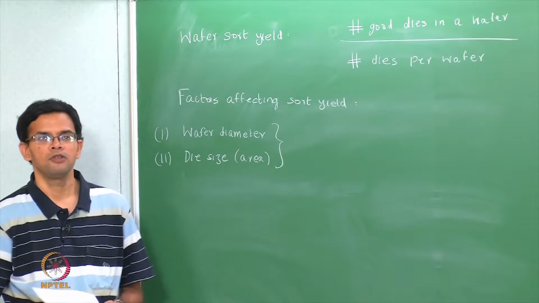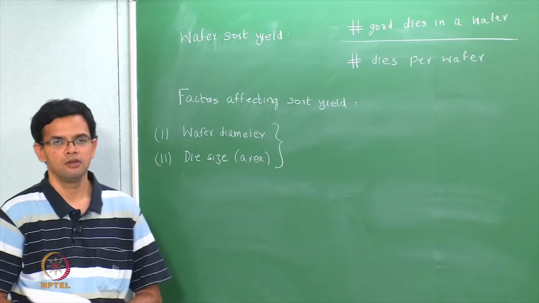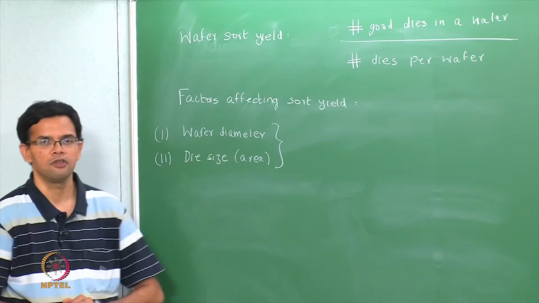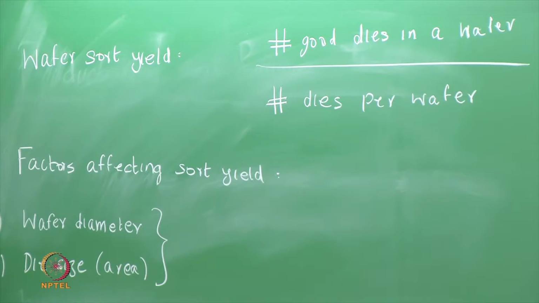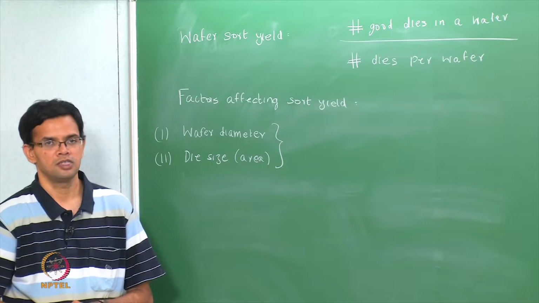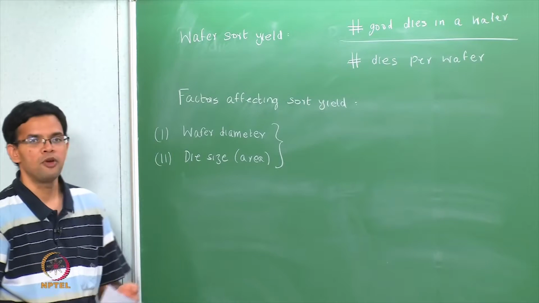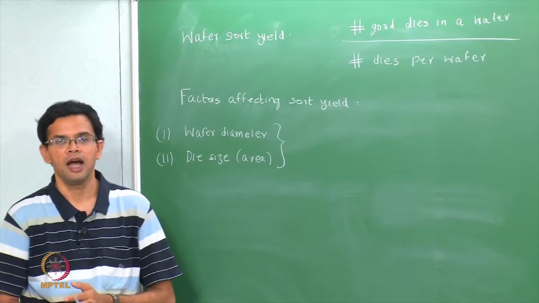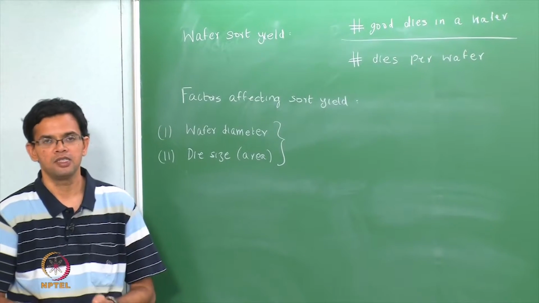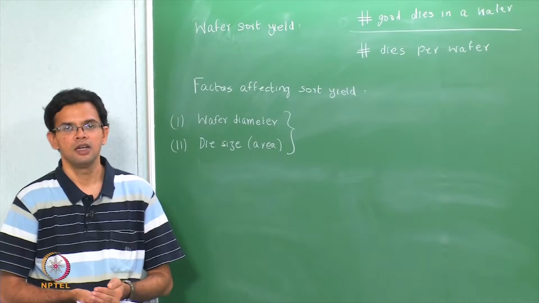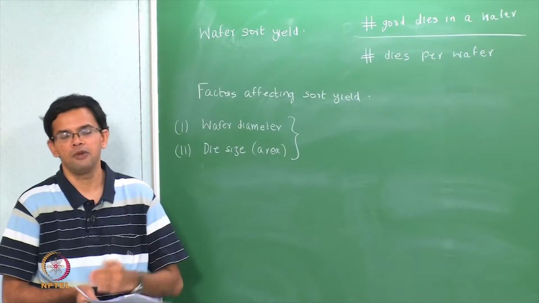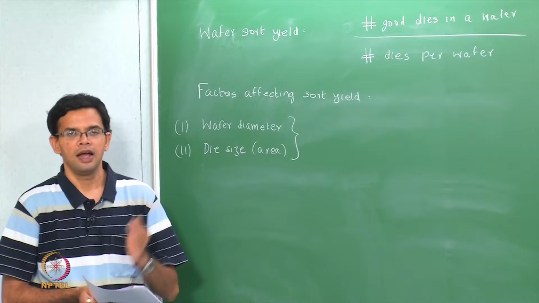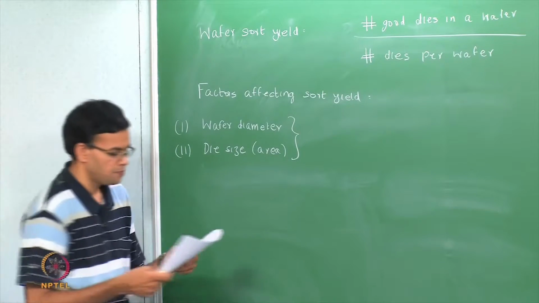If you think about it, if we increase the size of the wafer, so we increase the diameter of the wafer, the number of dies in it will also increase. So, if you have more dies, then your overall wafer sort yield will be high, because you will have a higher percentage of good dies and you will also have fewer edge dies. Those are dies that are partially complete and they are located at the edges.